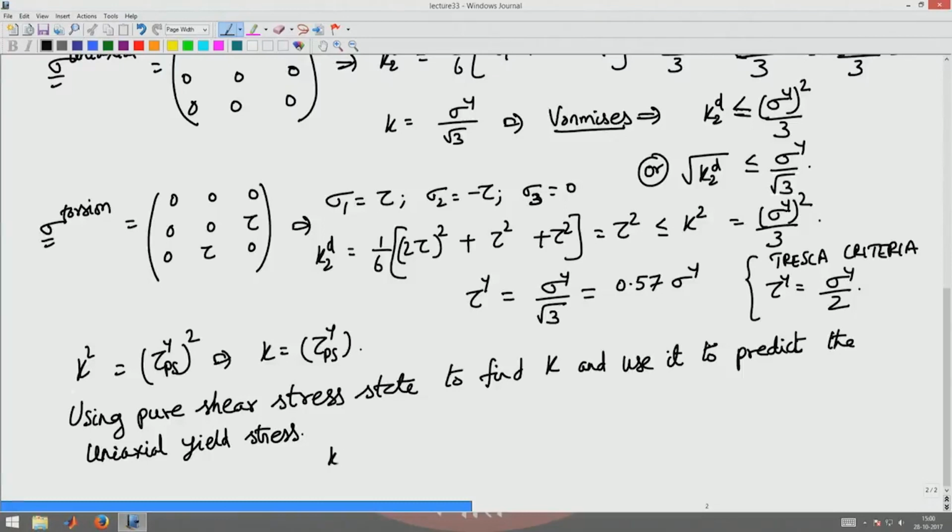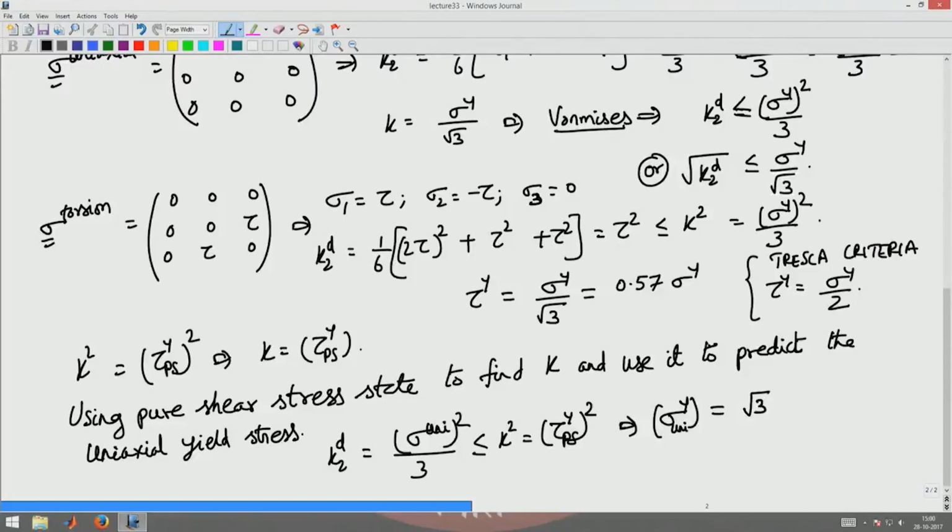Okay. So, K to D for uniaxial yield stress is sigma uniaxial whole square by 3 from what we computed above. This should be less than or equal to kappa square, which is sigma pure shear y the whole square. Okay. So, this implies uniaxial yield stress should be equal to square root of 3 times tau y pure shear.